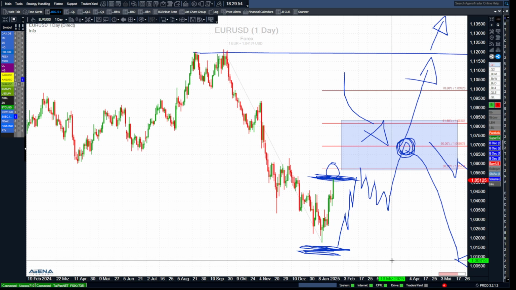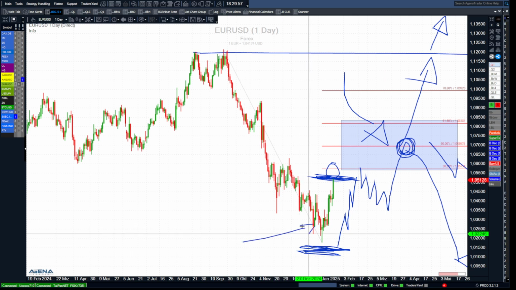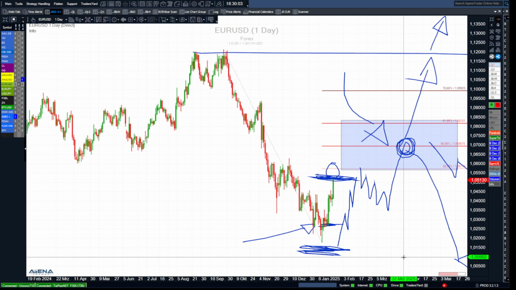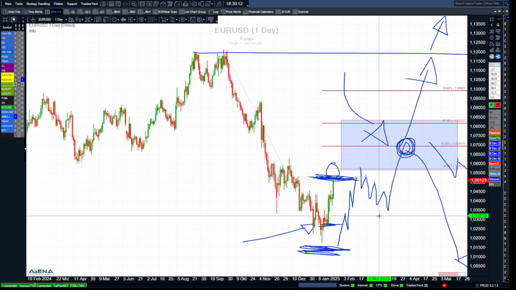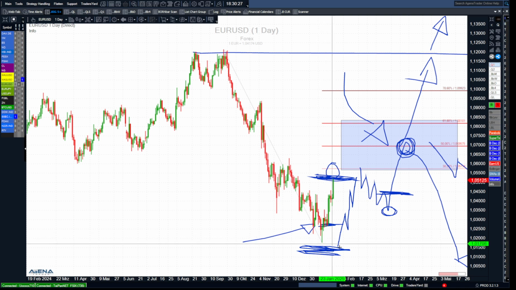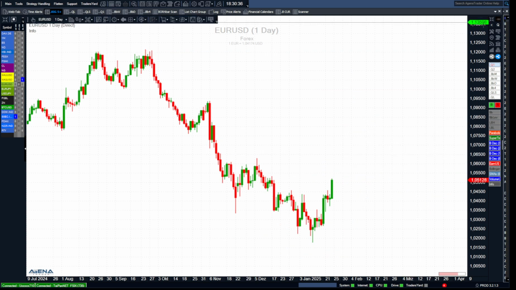We have moved strongly, and if you are not in the position here, as I said before, overshooting the hammer candlestick pattern, then you have another chance whenever the market is coming down in a corrective way to enter, to upgrade your current position, or to open a new position when the market is overshooting to the intermediate high, using the normal triggers, or if the market is giving us another turning indication like the hammer we have seen here, to enter a long position a little bit lower. So that's what I expect currently with the euro against the US dollar.